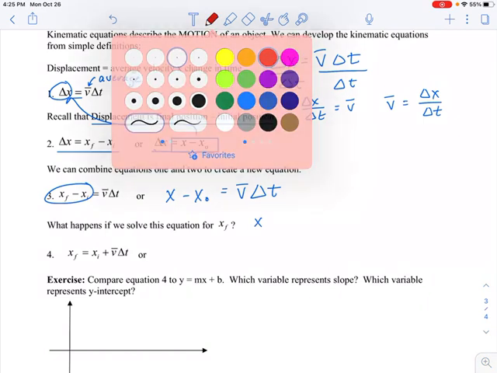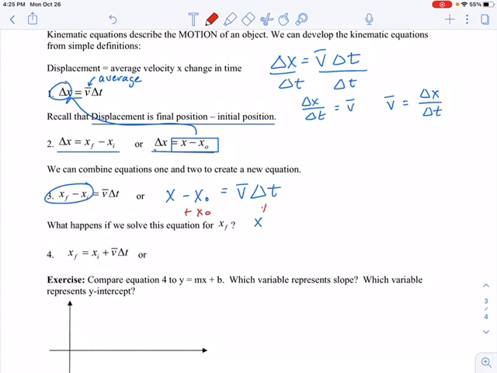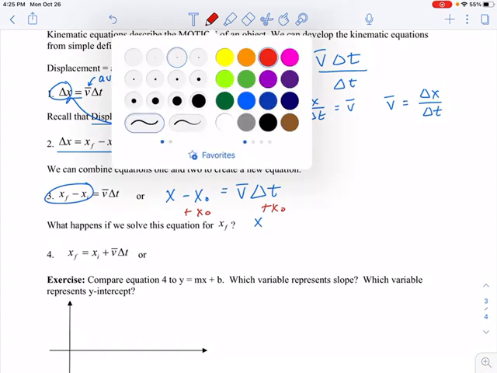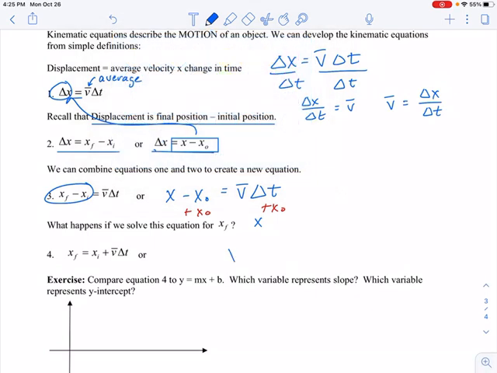To do that, I would add x sub O to both sides, and I end up with x equals x sub O plus v bar delta t, or you could write x equals v bar delta t plus x sub O.